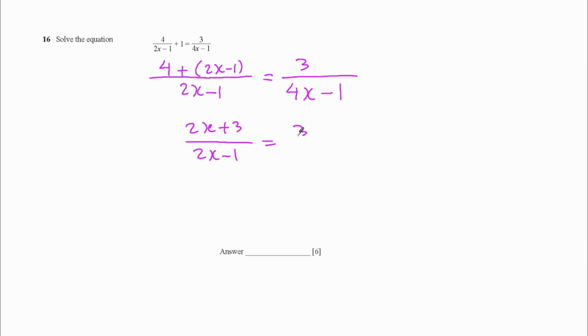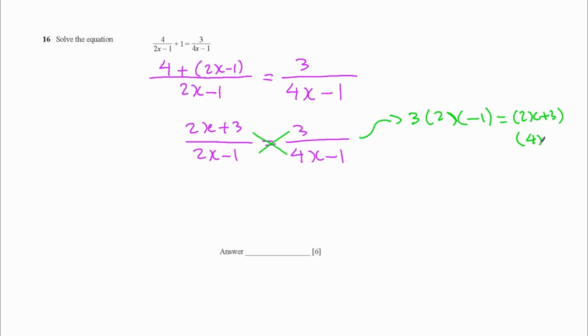And if I do that cross multiplication that I have mentioned before in the previous questions, I would get 3 times 2x minus 1 equals 2x plus 3 times 4x minus 1. Now all I need to do is expand and make this in the form of a standard quadratic equation.